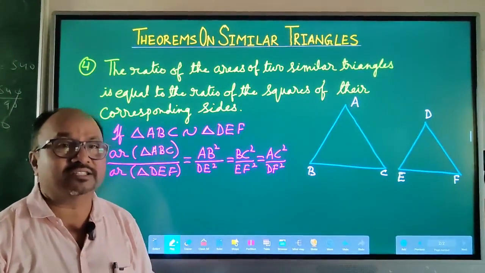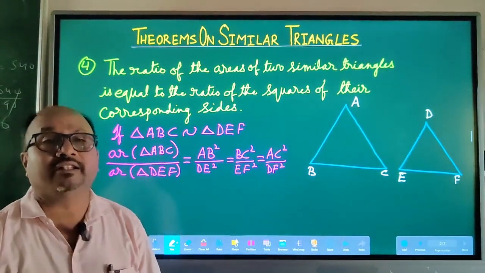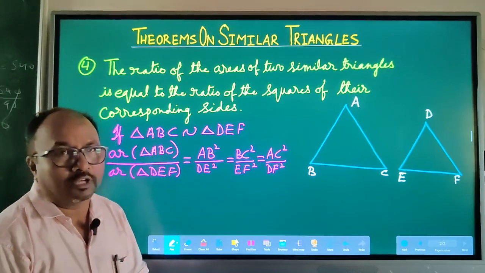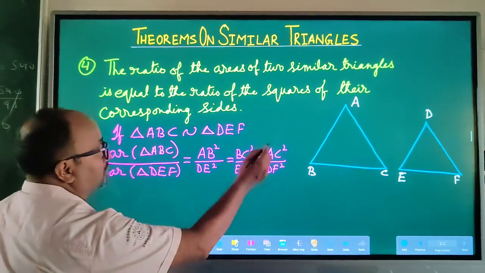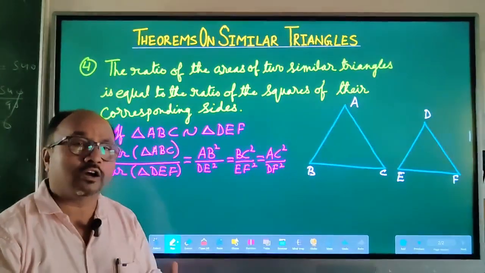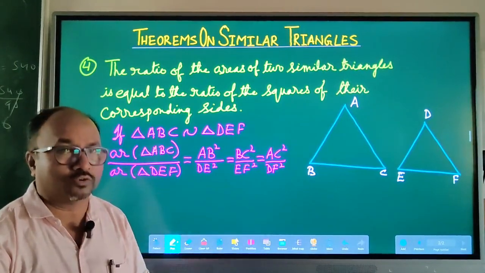Or if the ratio of the areas is given to you, then you are asked to find the ratio of the sides. But when you apply this theorem, you need not write all the three side ratios. See which side is to be related. According to that, you take those particular sides.